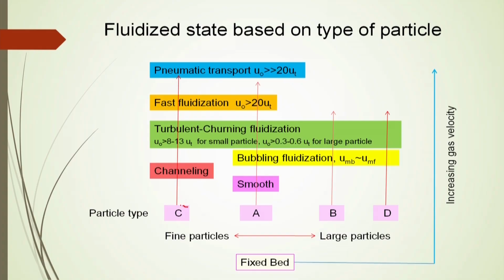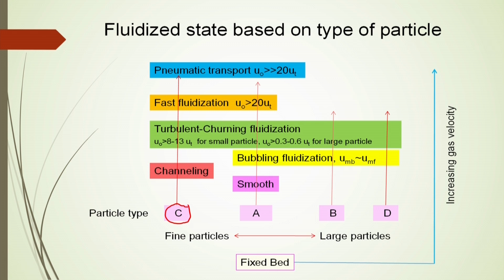Suppose the particle type is C, that means very cohesive in nature, very fine particles, and the interparticle attraction is very high. Because of this cohesiveness, you may expect channeling in the fluidized bed, and also the flow regime of turbulent churning fluidization with these fine particles.